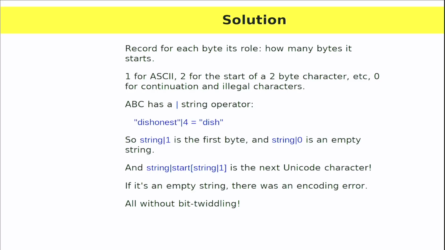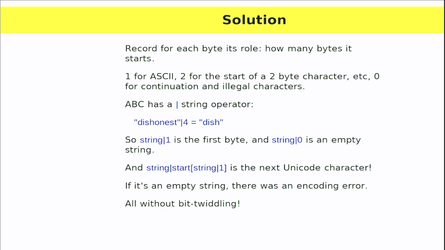So ABC has this vertical bar operator, which takes the first n characters from a string. So, for instance, dishonest length 4 is the word dish. So, string length 1 is the first byte. String length 0 is an empty string, and so start there being my array of characters.